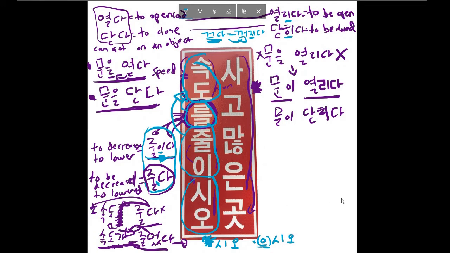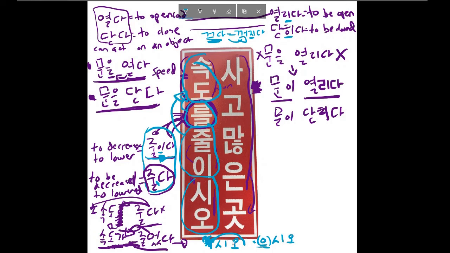So if you were going to add 시오 to something that ended in a consonant, you'd have to add this instead. But anyways, this verb stem only ends in a vowel, so we're only adding this one. And again, this is just one way to make a command. There are other ways to make a command, and I talk about that.